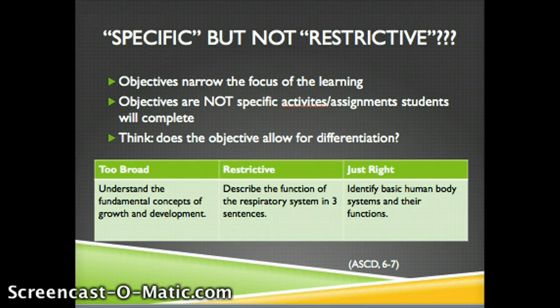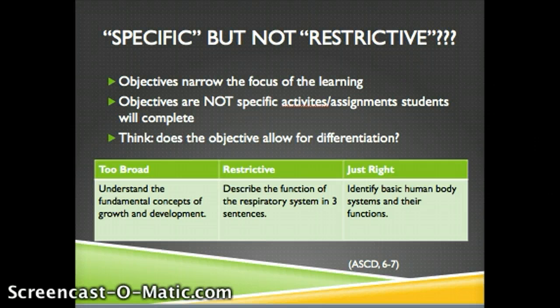I've used part of the textbook reference in this chart down below. The one to the left is too broad of an objective. Understand the fundamental concepts of growth and development. It's too broad. There's a lot of different things that could be done with this. The middle one is restrictive. It only allows students 3 sentences to describe the function of the respiratory system.